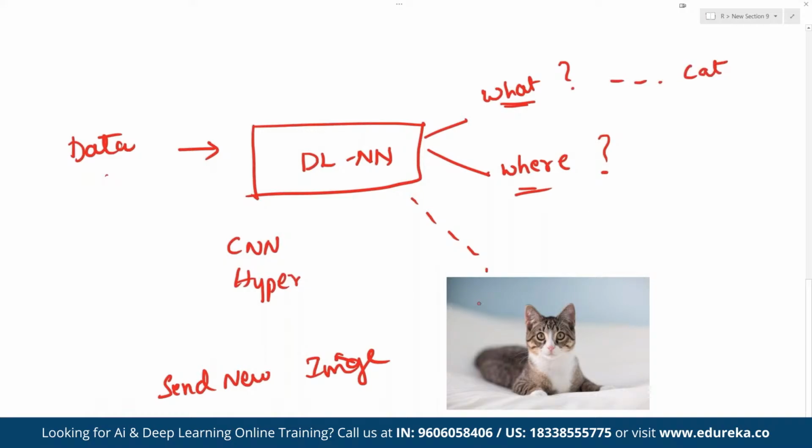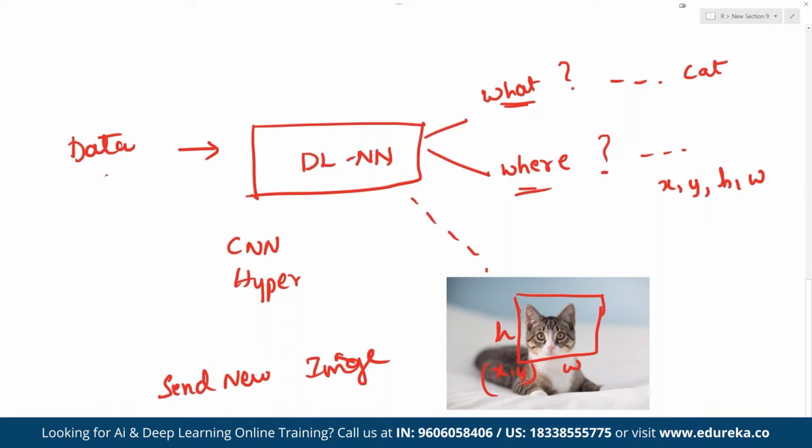It is going to say it as cat, and to say where exactly it is present in the image, it's going to give us the x, y, h, and w. That means the bounding box coordinates, x comma y, and this is the height, width. So that is what my deep learning model is going to give me.